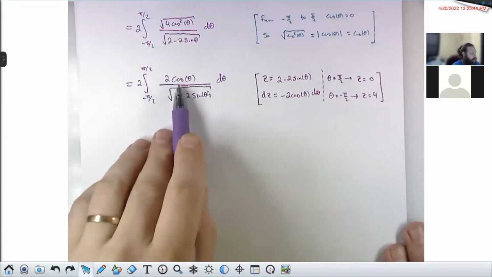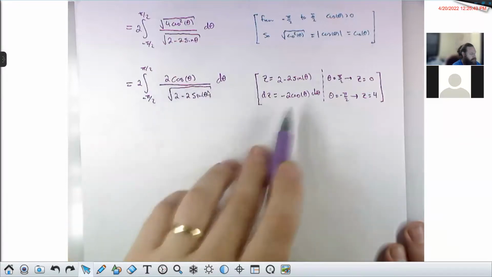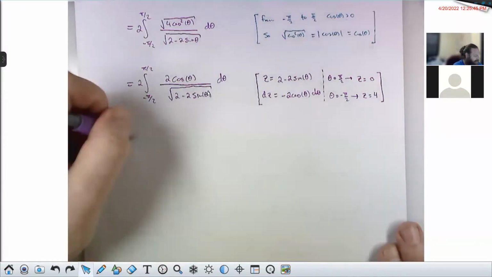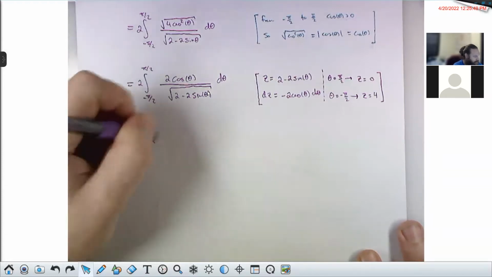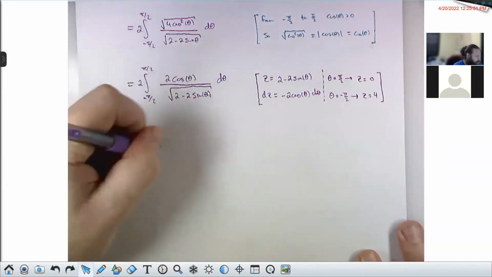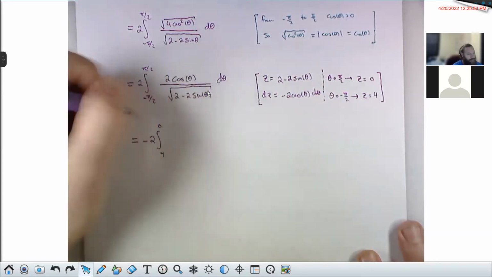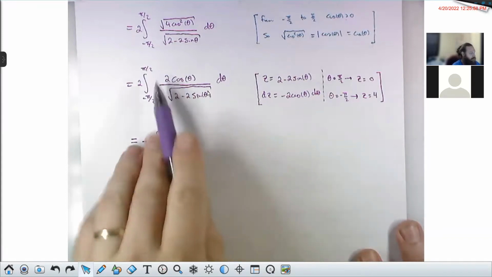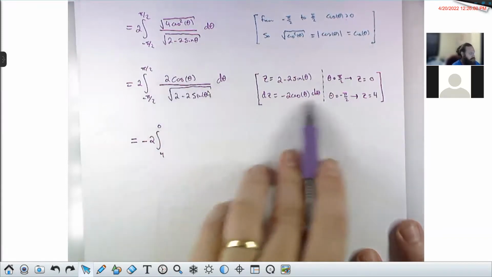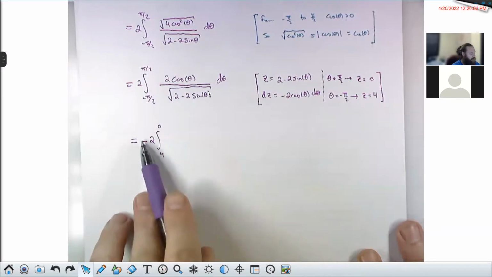I've got a 2 cos theta d theta, that's negative dz, so I'll pop the negative out. This 2 is still chilling. My integral is now from 4 to 0. This 2 cos theta d theta is soaked up by the differential. The negative comes out.